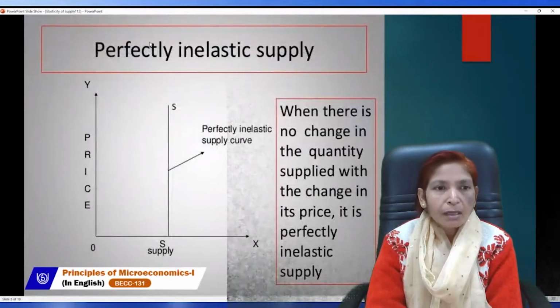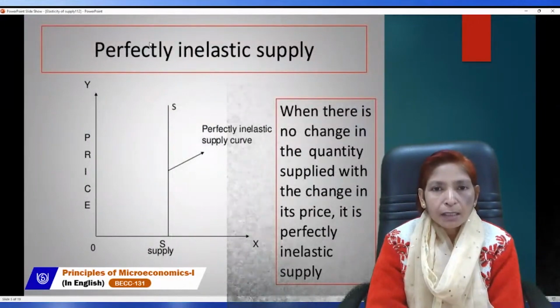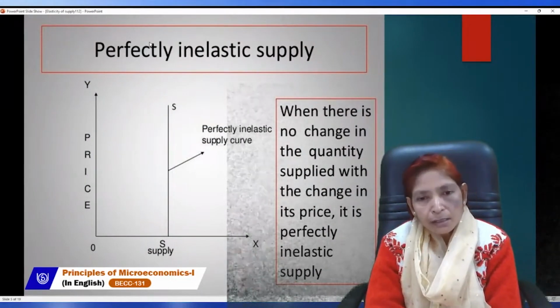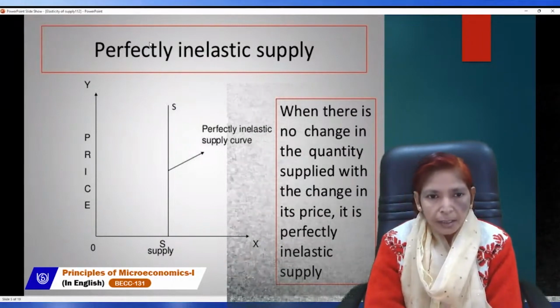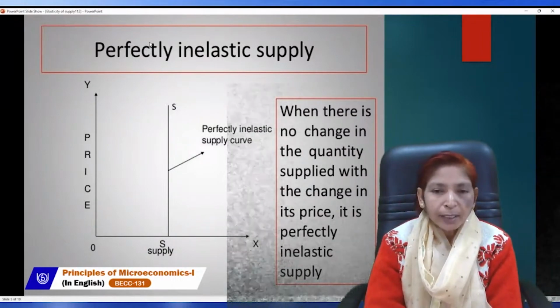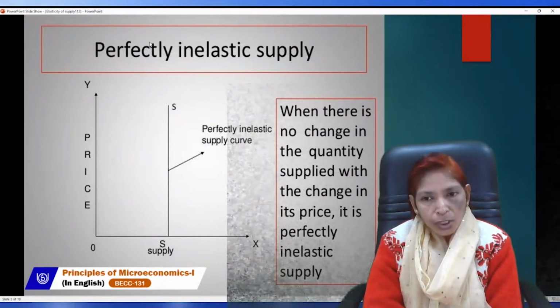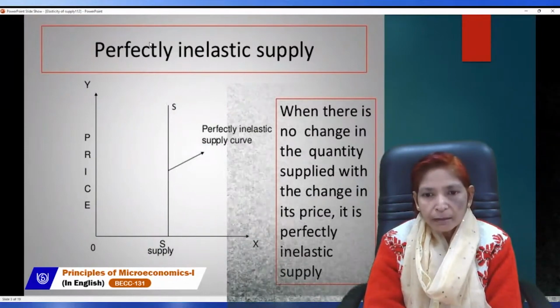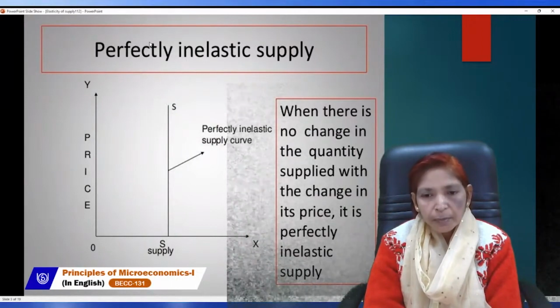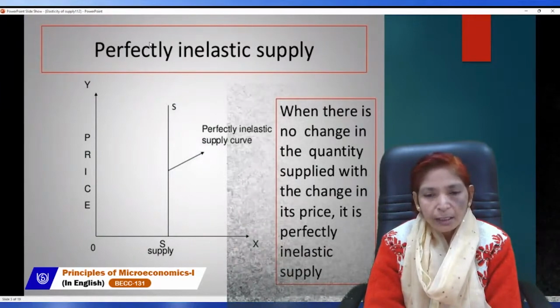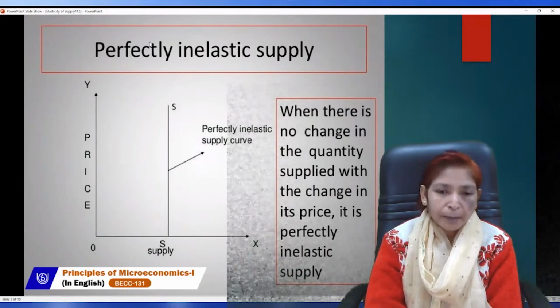The next situation is perfectly inelastic supply. This is also an extreme case of elasticity of supply. When there is no change in quantity supplied with a change in its price, then it is called perfectly inelastic supply.